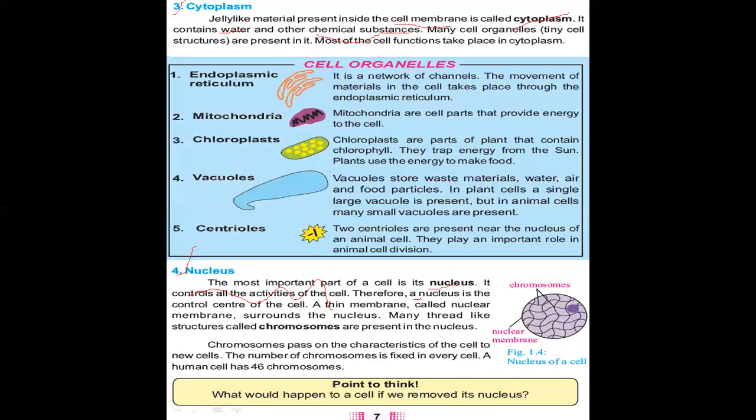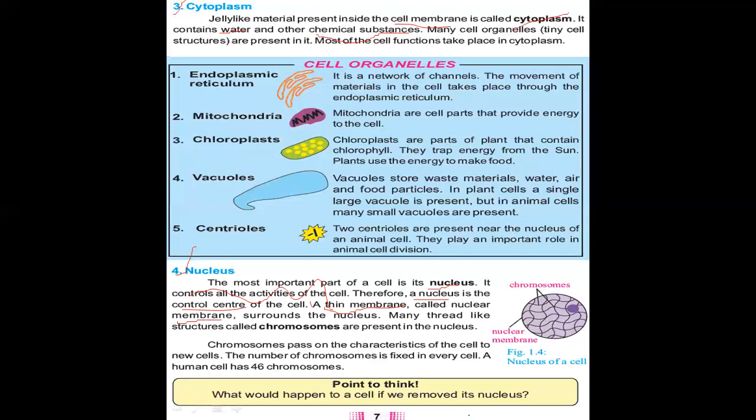So nucleus is the control center of the cell, like it controls whole of the body, and it is having some parts also. Number one, a thin membrane called a nuclear membrane, like cell membrane, surrounds the nucleus.